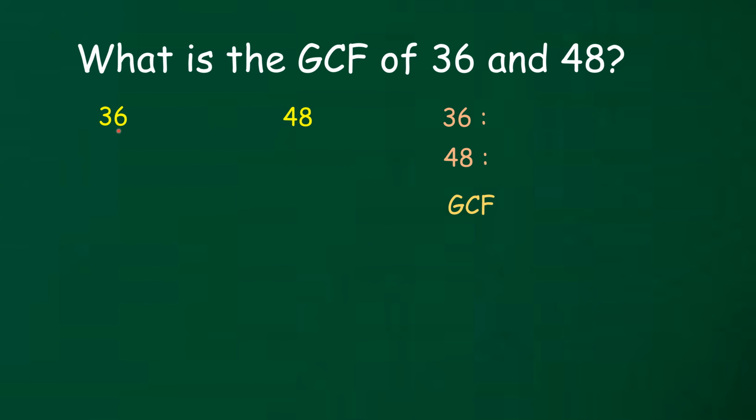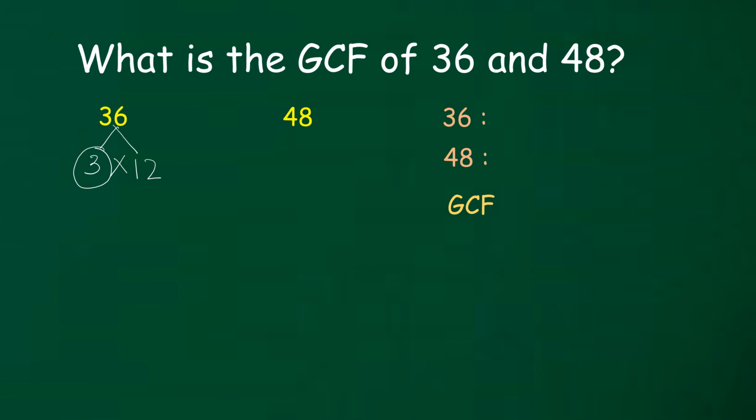Now let's find out what is the GCF of 36 and 48. 36 is divisible by 3, so we can factor this by 3. So 36 can be 3 times 12.